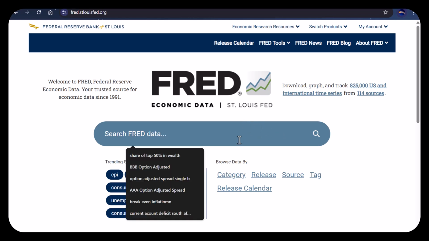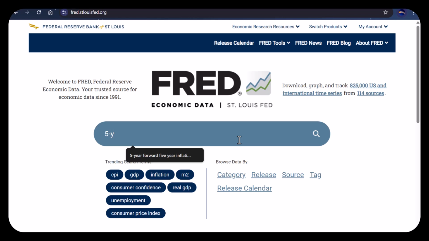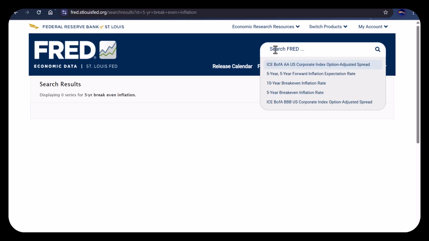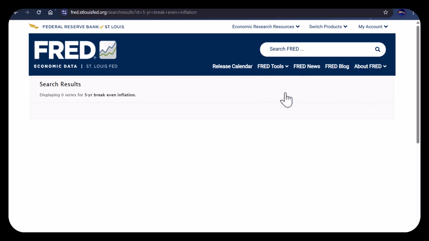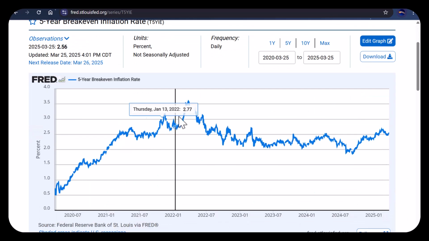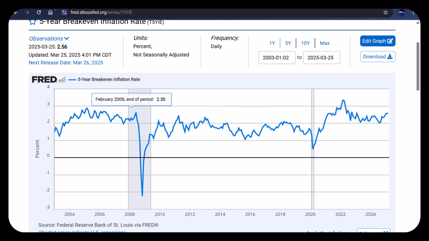One of those numbers is 5-year break-even inflation. And we have data on this since 2004.